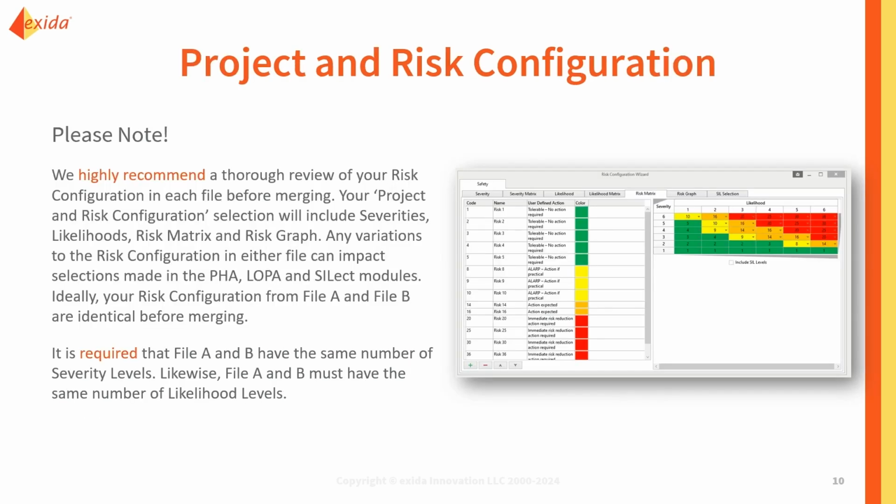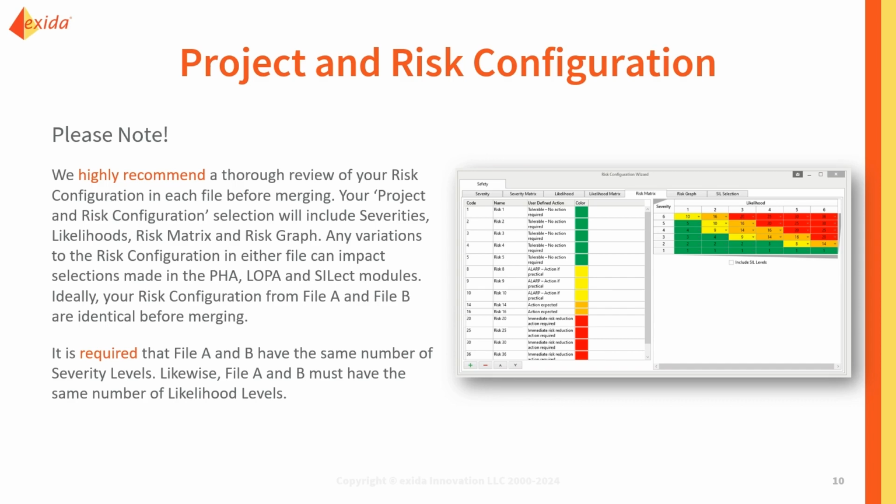And so, one thing we want to ensure before you move into merging the projects together is that your risk configuration matches in both files. Ideally, they match exactly. Because again, these configurations impact the work that you've done in PHA, LOPA, and Select heavily. And so your analysis essentially changes if you change your risk configuration.